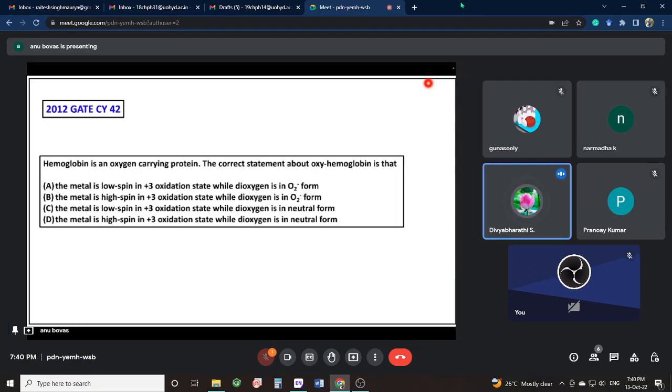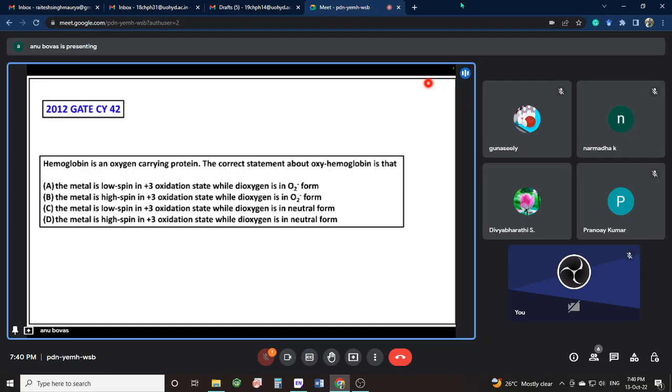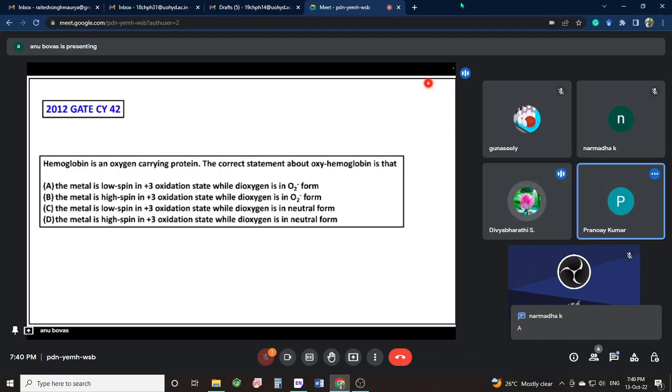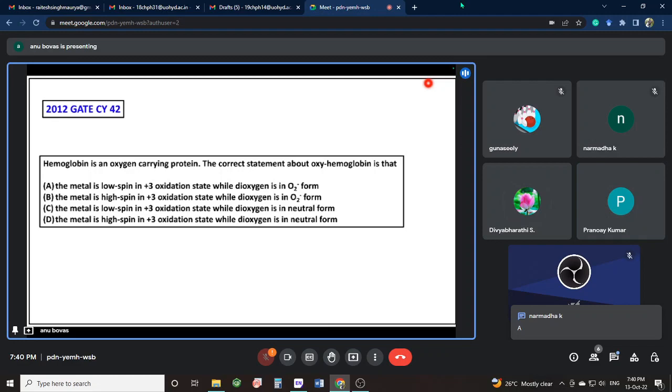Low spin, correct. And the oxidation state? +3, correct. And the dioxygen is attached in which form? Superoxide, O2 minus, very good. So the correct option is A: low spin, +3 oxidation state, and the dioxygen is in O2 minus form.